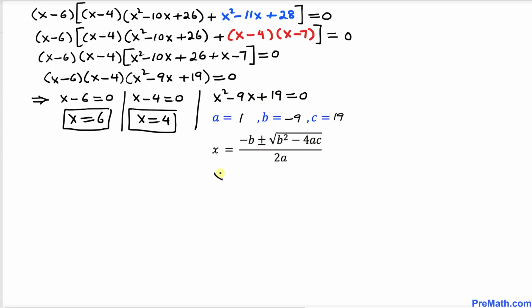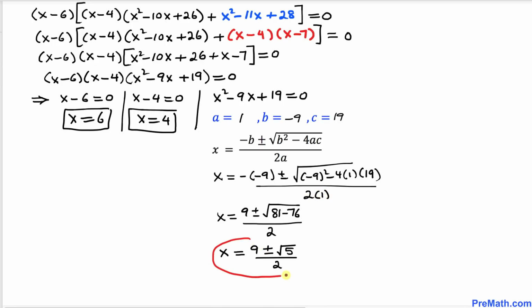So our x is going to be negative b, which is negative 9, plus or minus the square root of negative 9 squared minus 4 times a, which is 1, times c, which is 19, divided by 2 times a, which is 1. So thus x turns out to be 9 plus or minus square root of 5 divided by 2.